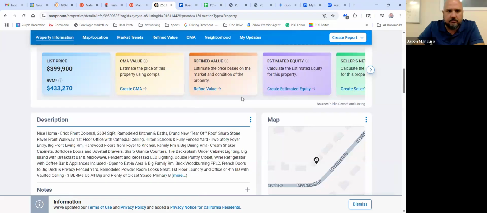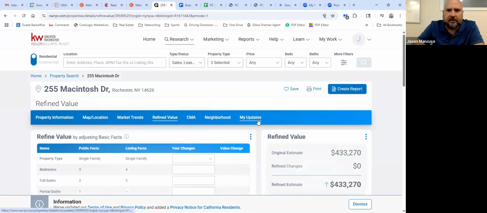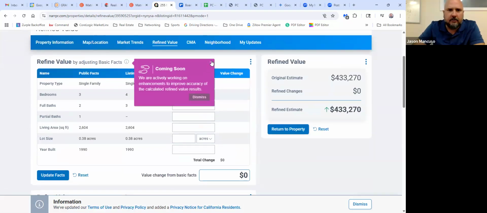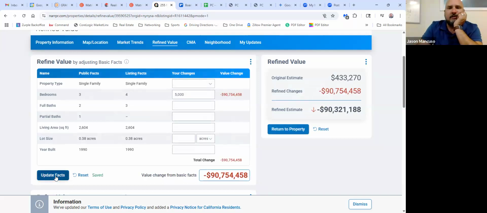Now, this also gives you the ability to refine based on what you know about it. The default comes in at 433. You could give it another $5,000 if you felt that was right, because it's got 4 bedrooms instead of 3 bedrooms. Now, when you update that, whoa, what happened there? 5,000 bedrooms. Ah, okay. Gotcha.